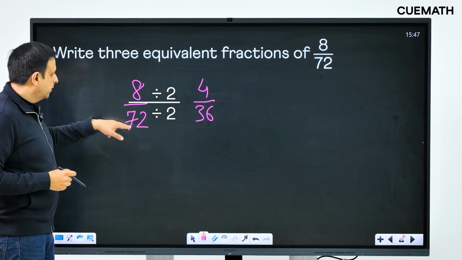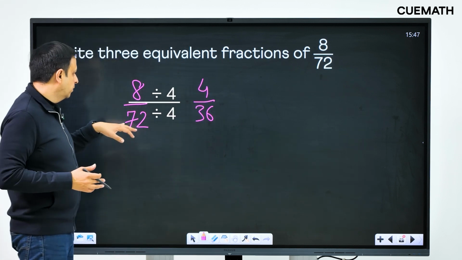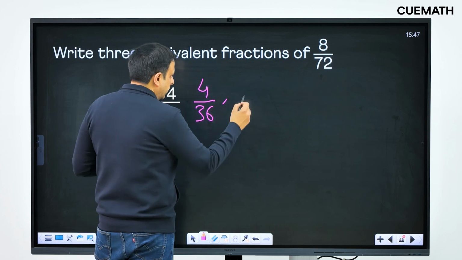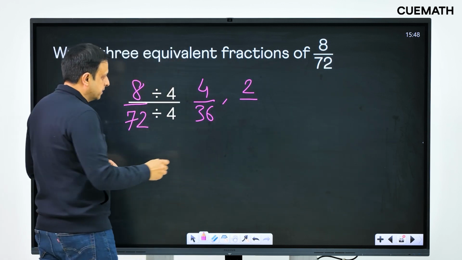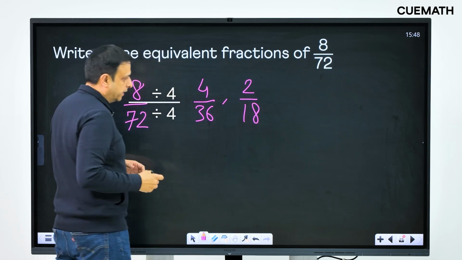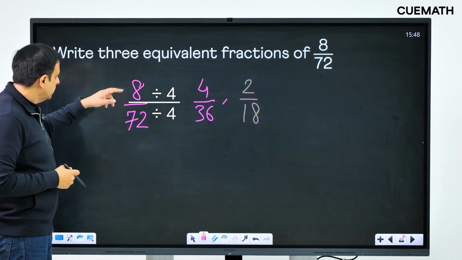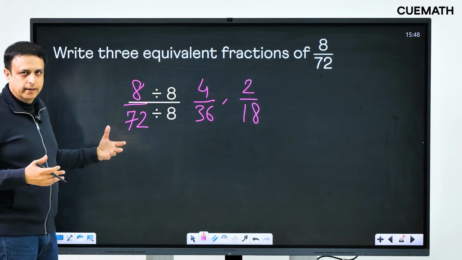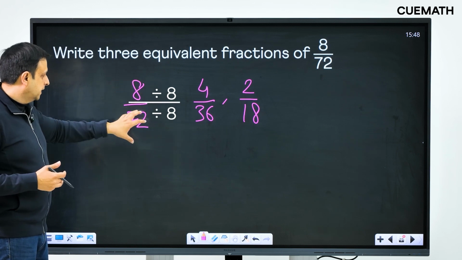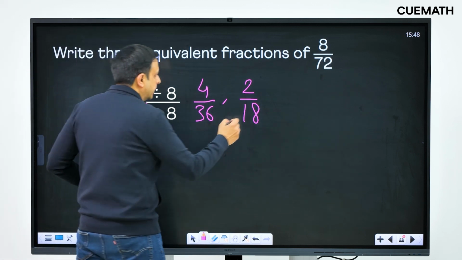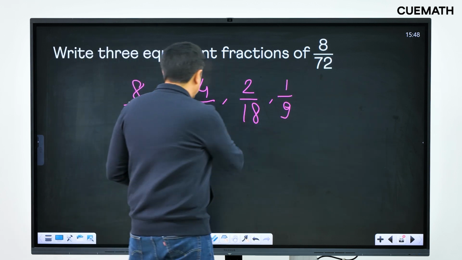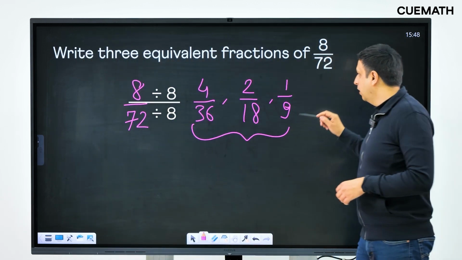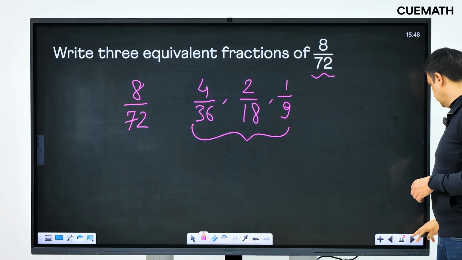Let's divide above and below by 4 now. 8 divided by 4 is 2, and 72 divided by 4 is 18. So 2 over 18 is another possible answer. And now let's divide above and below by 8. So 8 becomes 1, 72 becomes 9. So I get 1 over 9, which is yet another possible answer. So these 3 fractions are all equivalent to 8 over 72.